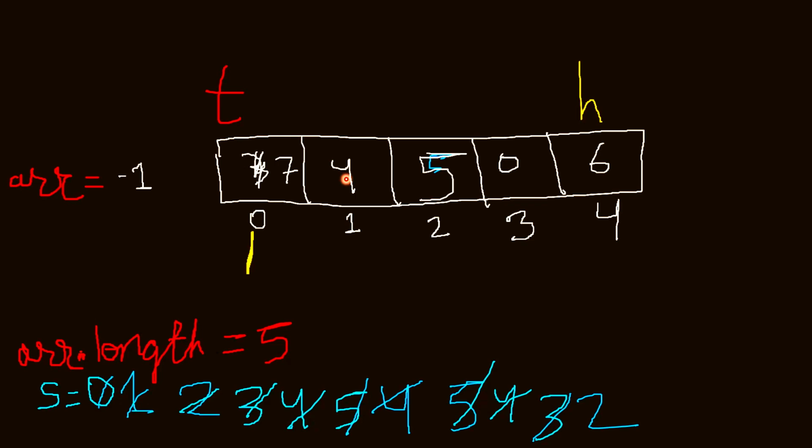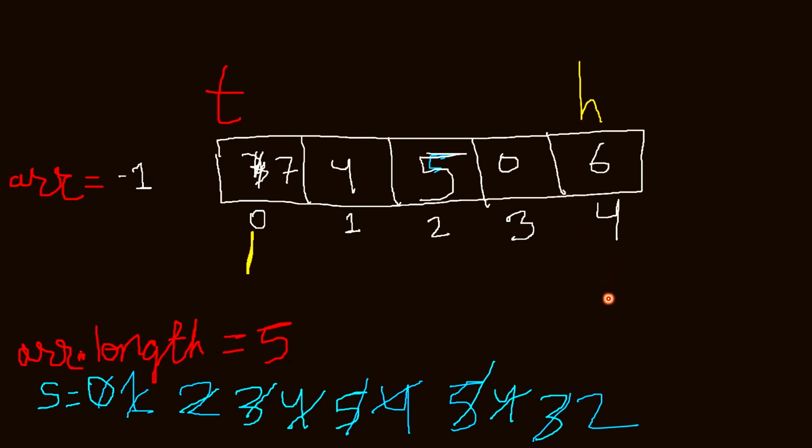If you want to remove this 4, the only way is to replace 4 with 5, this 5 will be replaced with 0, and 0 will be replaced with 6. We call that a swapping method. If you don't know it, that's okay, not a problem. I just gave you a glimpse of what is actually happening. This array still contains the original elements. We just have to replace them. You will see how, so just stay on this video.